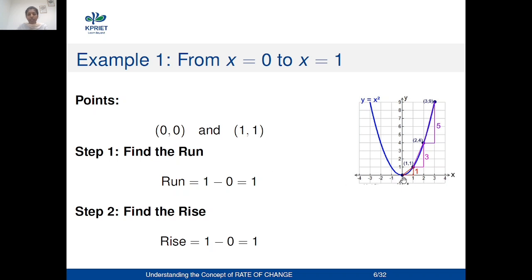Run means moving from the point 0 to 1, so 1 minus 0 is 1, and rise is the vertical movement: at x equal to 0 it takes 0, and for x equal to 1 it takes 1. So the rise is 1 minus 0, which is 1.